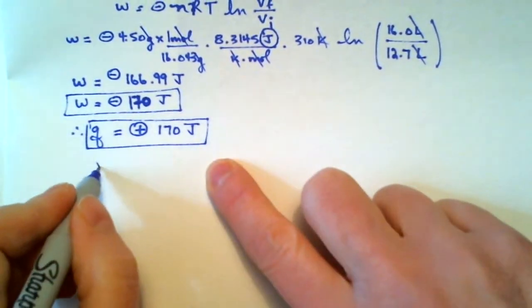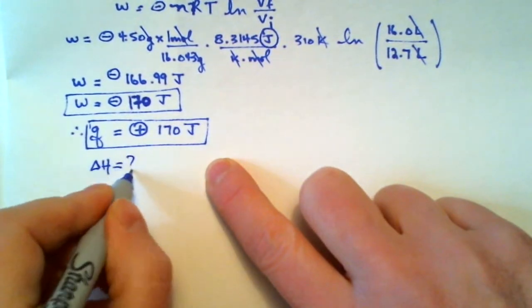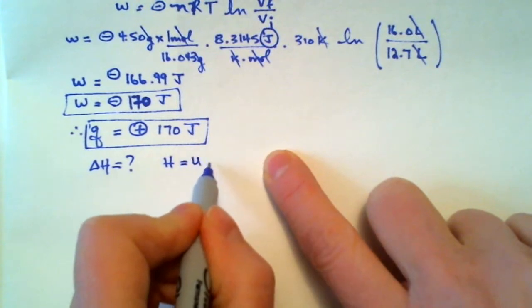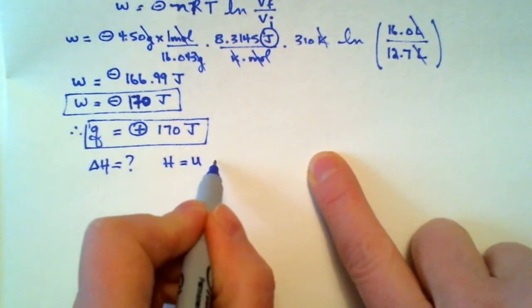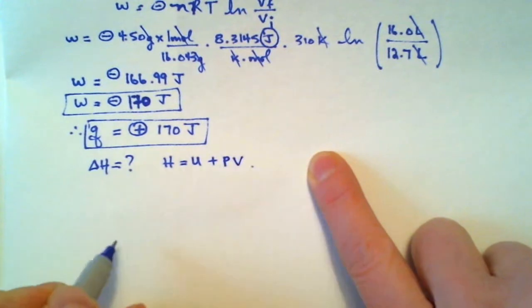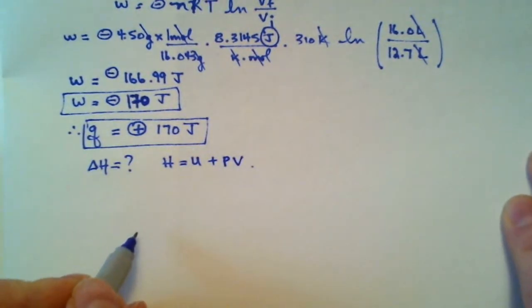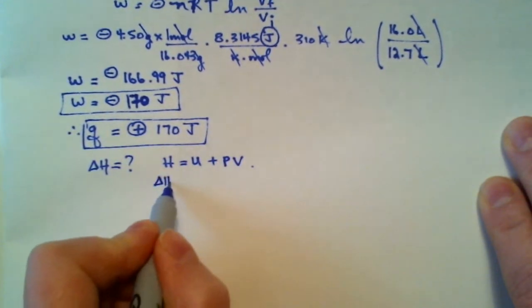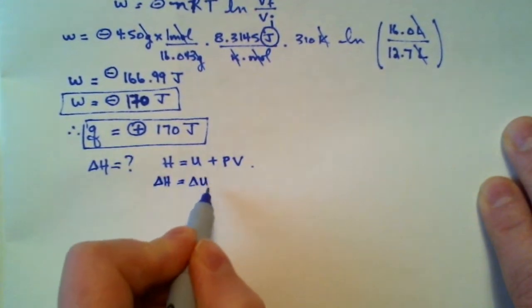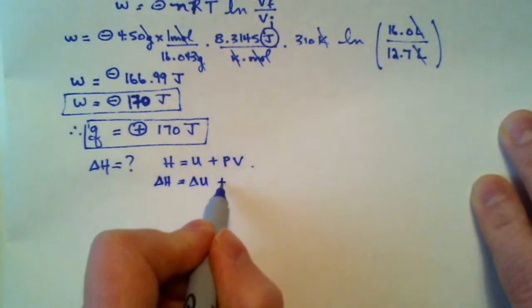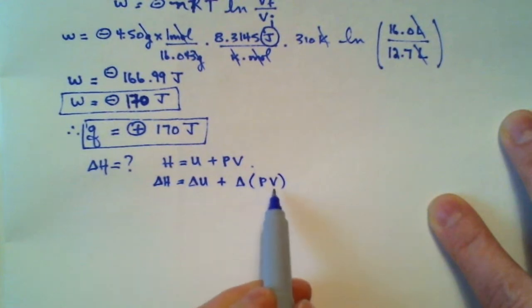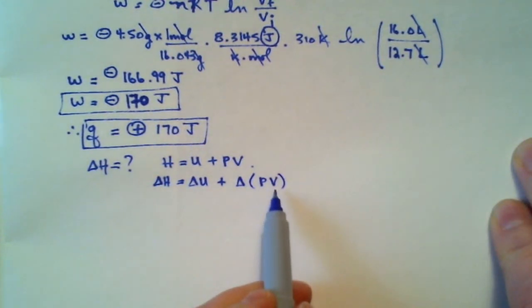Okay, delta H equals what? The thermodynamic definition of enthalpy holds, of course, in all cases. So we have that H is equal to U plus PV, and therefore a delta H is a delta U, which in our case is 0, plus the delta of a PV. And what that is, P2 V2 minus P1 V1.